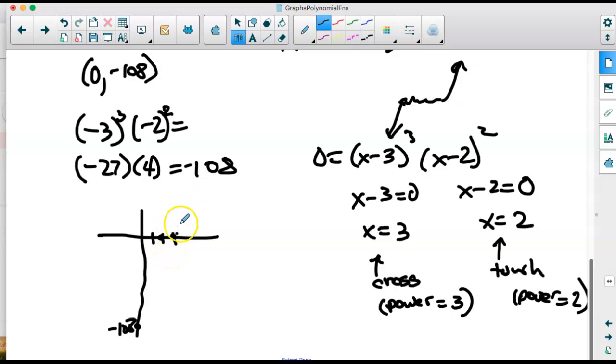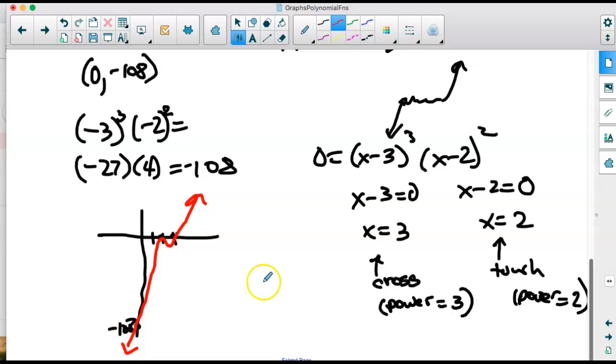So it's got to come up through 3 and then touch here. So it's going to come up through here, touch there, turn, and go up. So the graph is going to look something like this. It's got to go up, touch, turn, cross, and then go up.